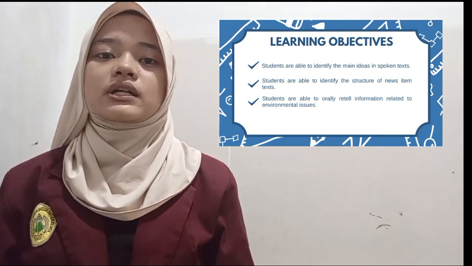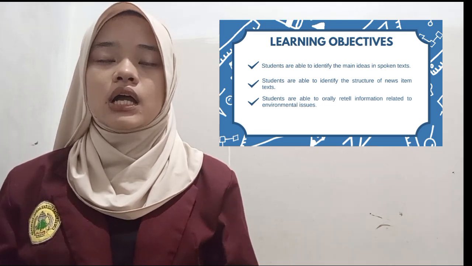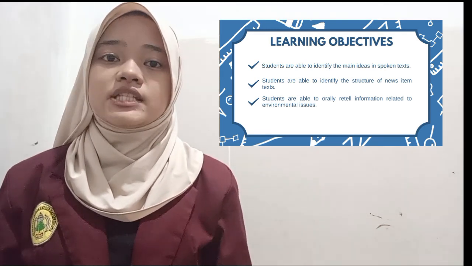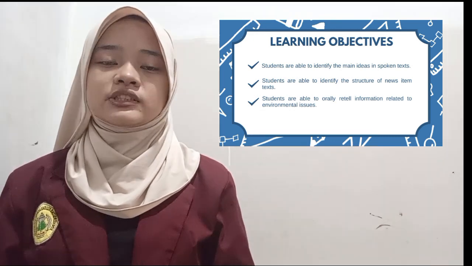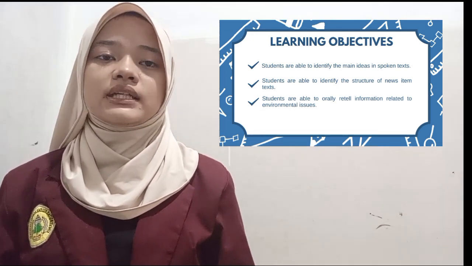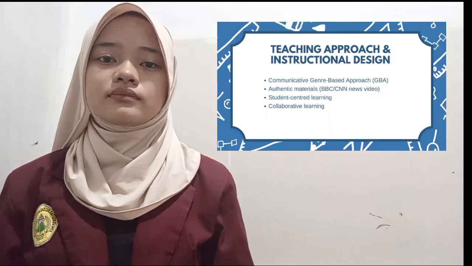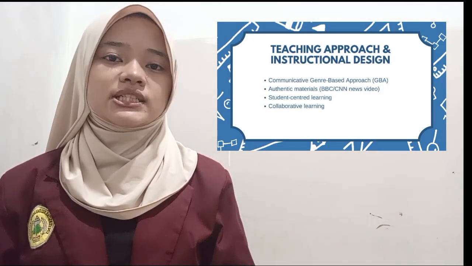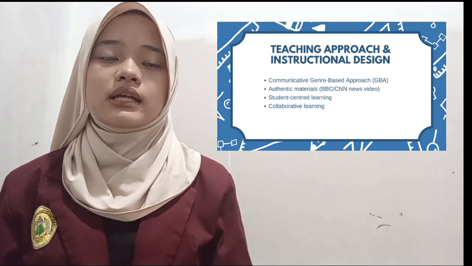These objectives are aligned with the learning outcomes of phase F, which emphasize students' ability to understand spoken information and communicate ideas effectively in English. And next slide about teaching approach and instructional design.